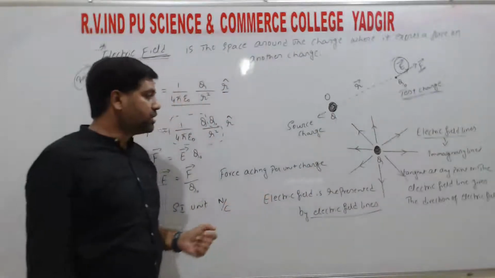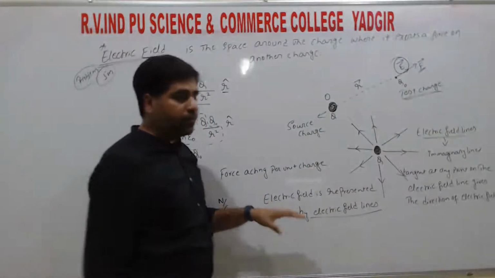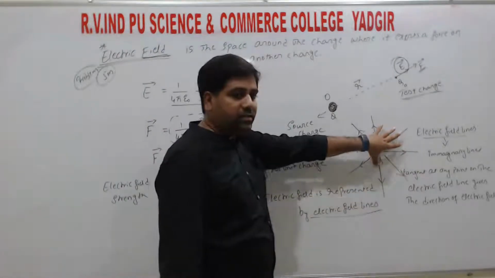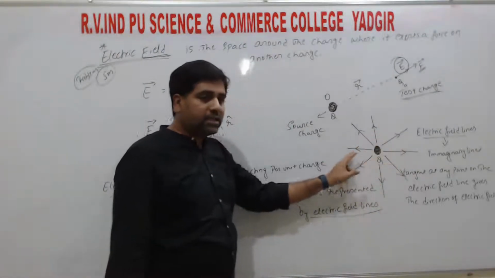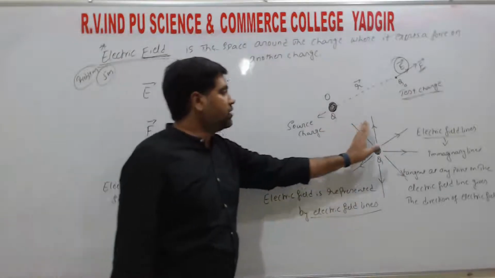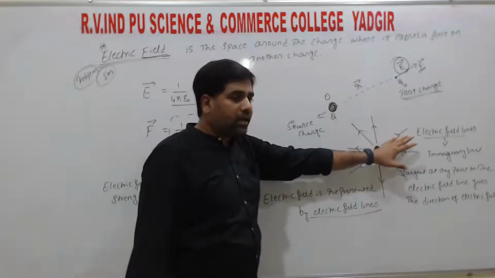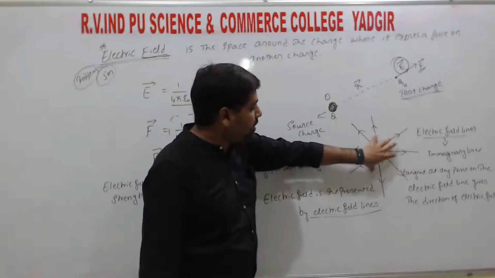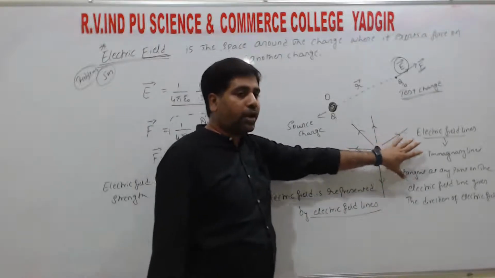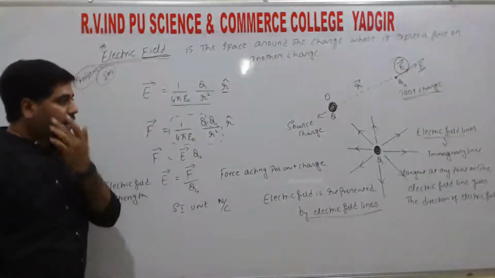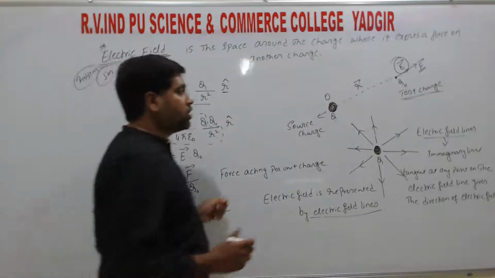Next, the representation of the electric field is by the electric field lines. So what are electric field lines? They are imaginary lines, right? If we draw the tangent at any point on these electric field lines, then it gives the direction of the electric field. The electric field is in the direction of the force.